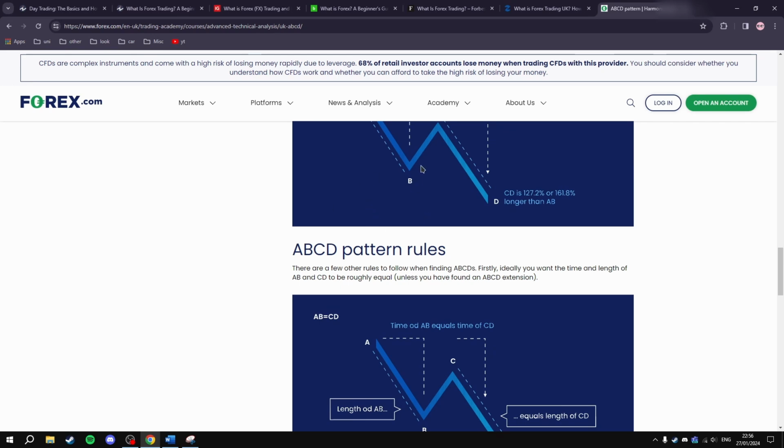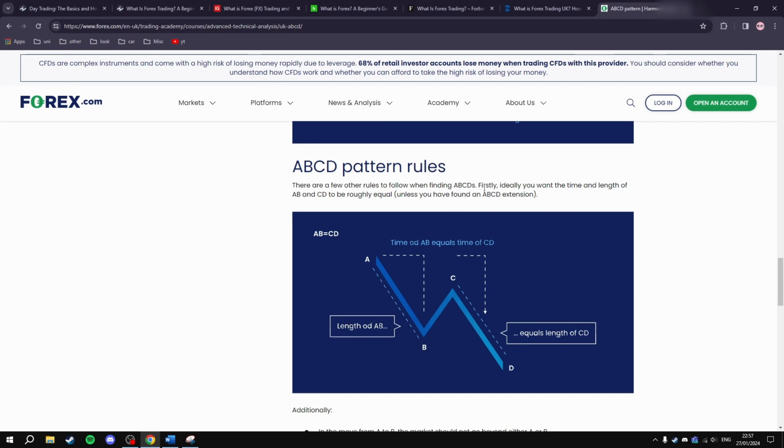ABCD pattern rules. There are a few other rules to follow when finding ABCDs. Firstly, ideally you want the time and length of AB and CD to be roughly equal, unless you have found an ABCD extension.